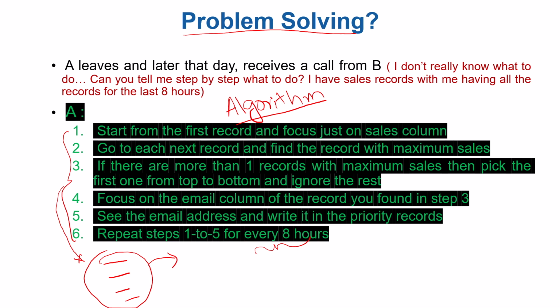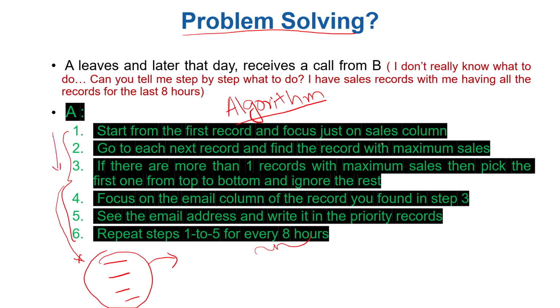So in this video, I wanted to explain that solving a problem may not be that hard. I mean, coming up with a solution to a problem may not be that hard, but communicating that solution, or writing it in the form of a procedure that can solve every instance of that problem, requires a step-by-step treatment of the procedure, and those steps should be linked in a sequence and should be unambiguous.